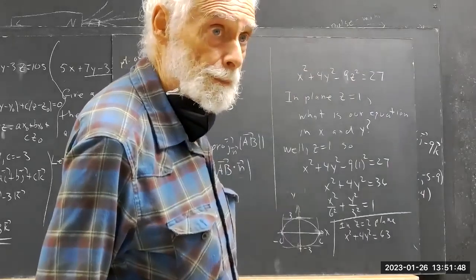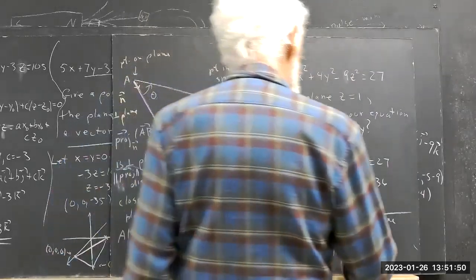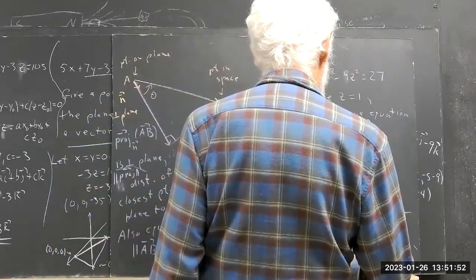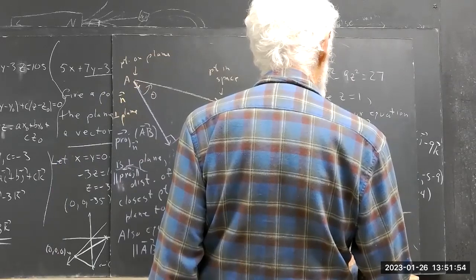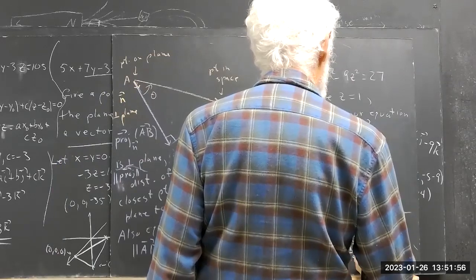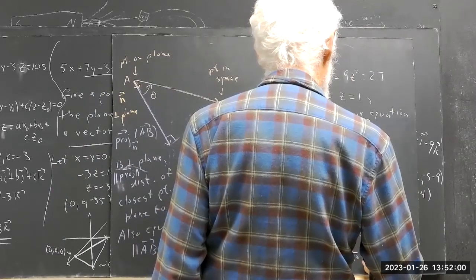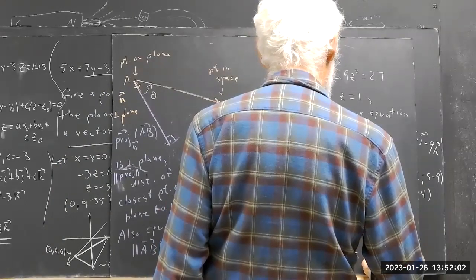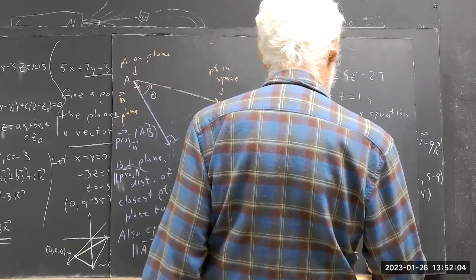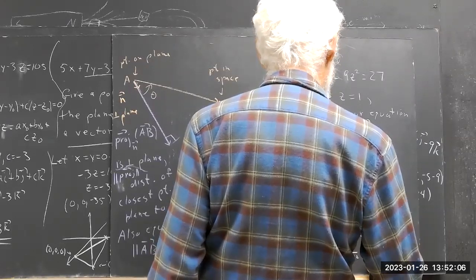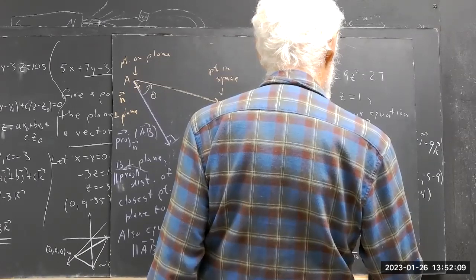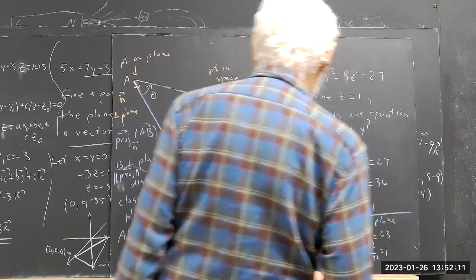We get x squared over 7.9 squared plus y squared over 3.9 squared equals 1, about that.